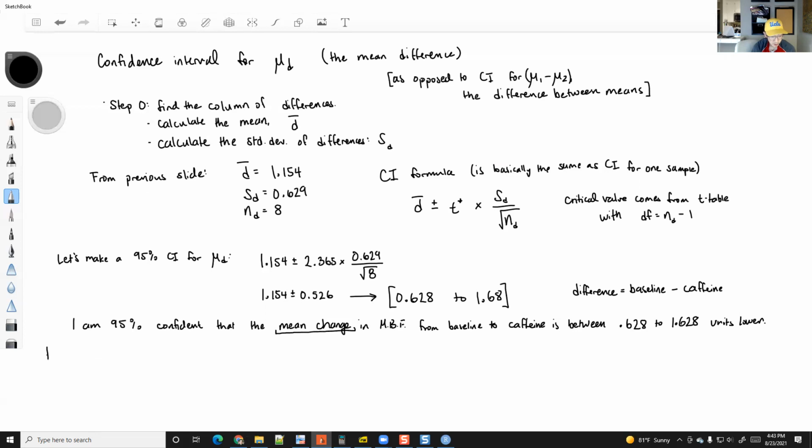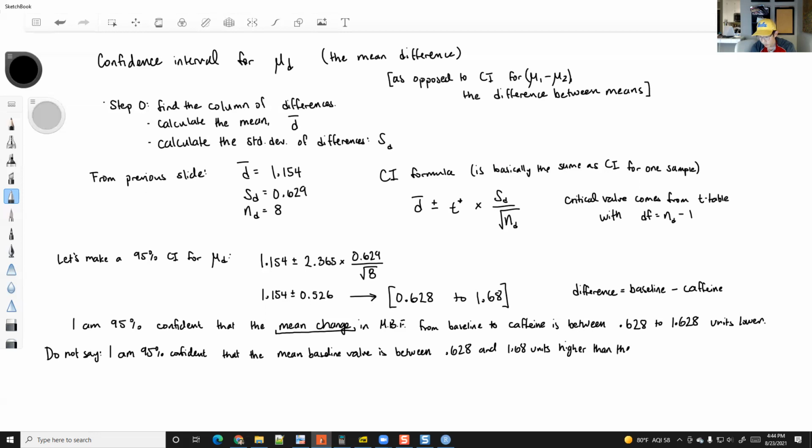Maybe I will note, do not say, and this is what we would have said if we had two independent samples, something like, I'm 95% confident that the mean baseline value is between 0.628 and 1.68 units higher than the mean caffeine value.